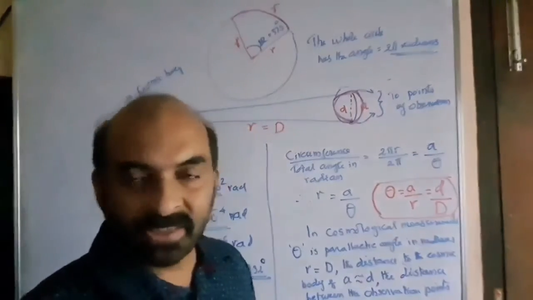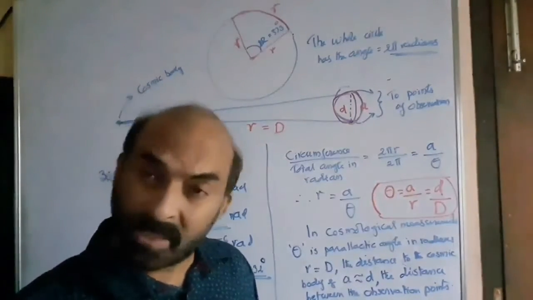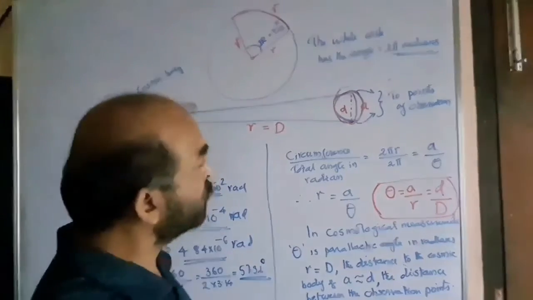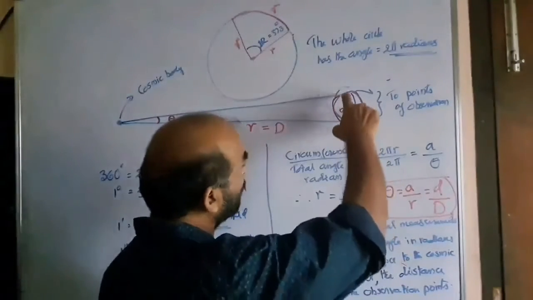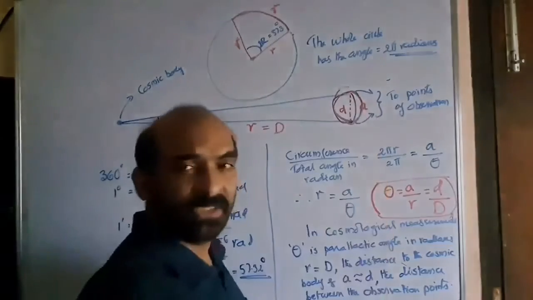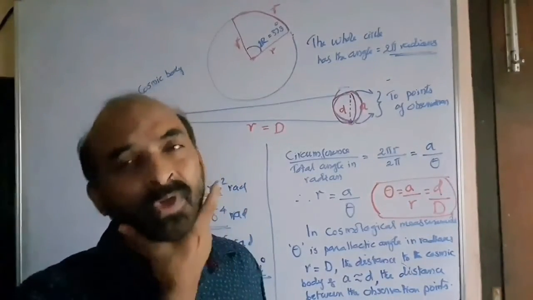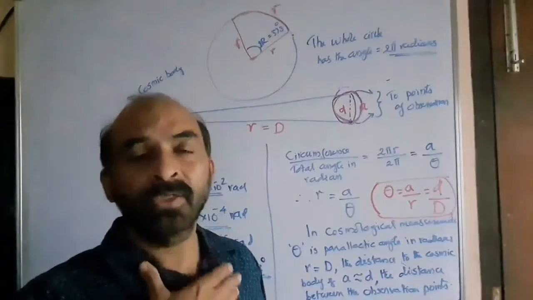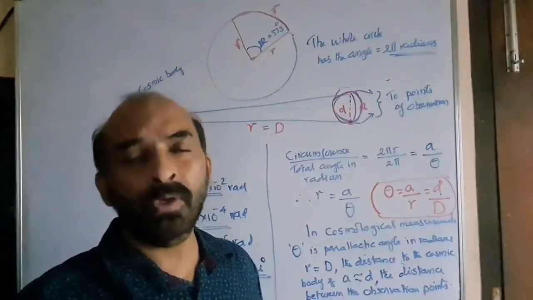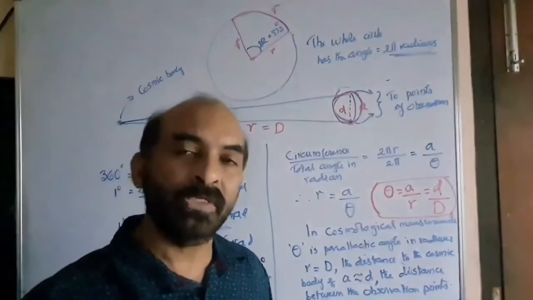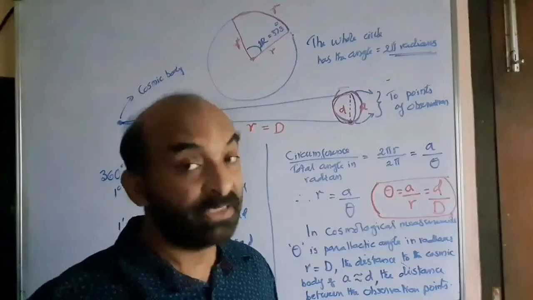In many cases, it is the diameter of Earth, but that is not a must. You may choose two other positions on the Earth's surface. The only thing is that you must know the direct distance between them. That's all. Okay. So now we know which equation to be used to determine the distances.